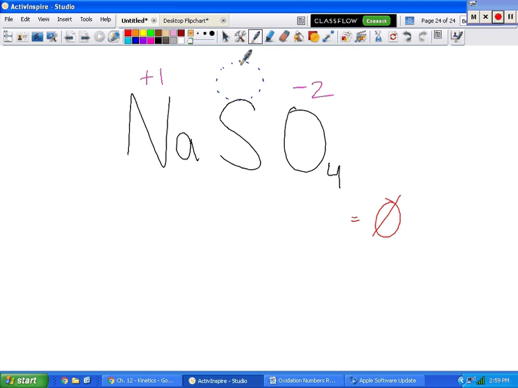Because if you put in -2 right here, that's impossible because there's so many electrons that are moving back and forth. Because think about it. You're telling me that one sodium atom is going to give away 1 electron, and then this sulfur is going to gain 2 of them, and this oxygen is going to gain 2. Well, we only gave away 1. Do you see what I mean by that? Okay. All right, so here's what we got to do. Go ahead.